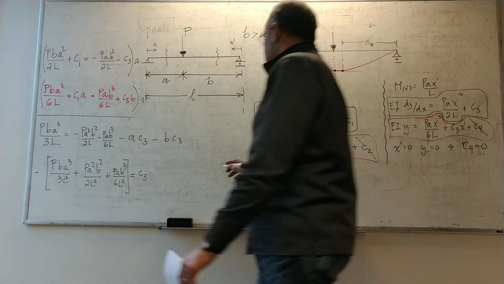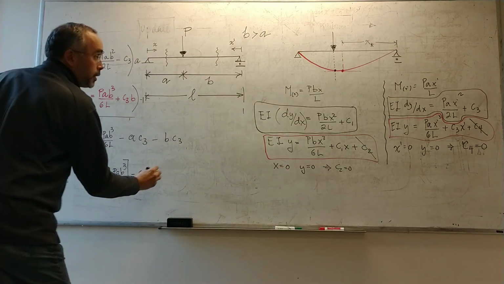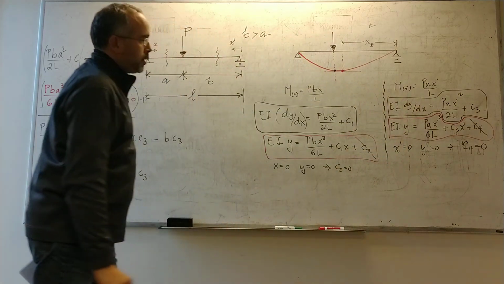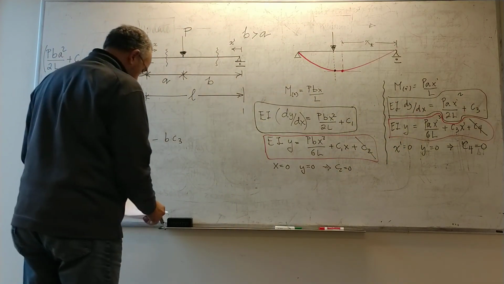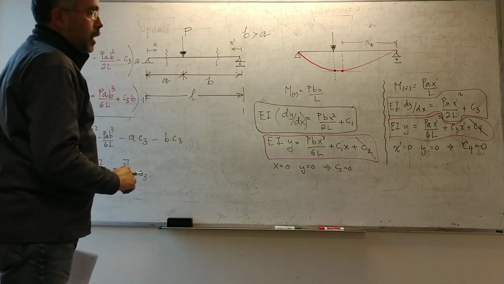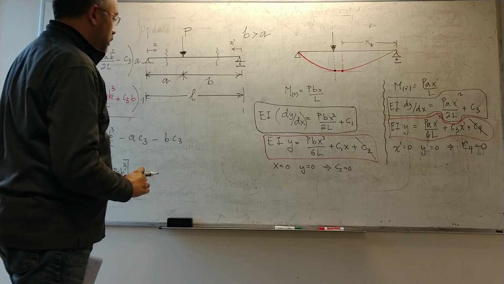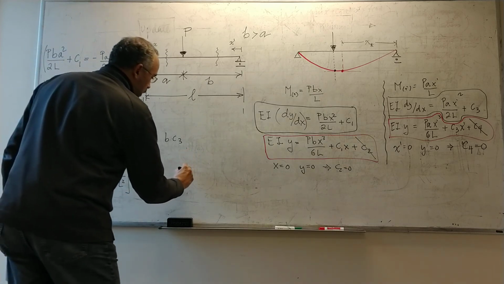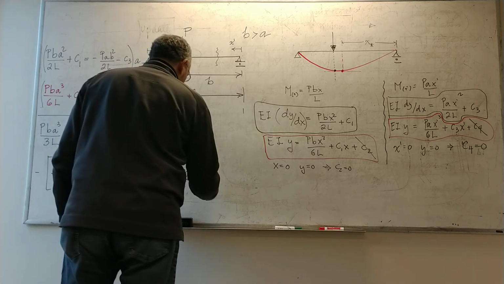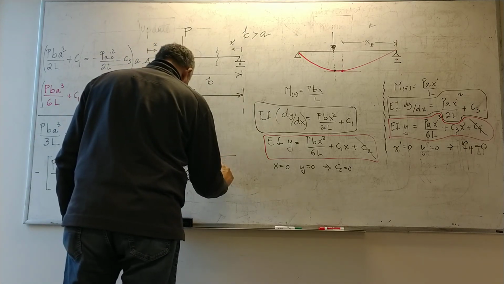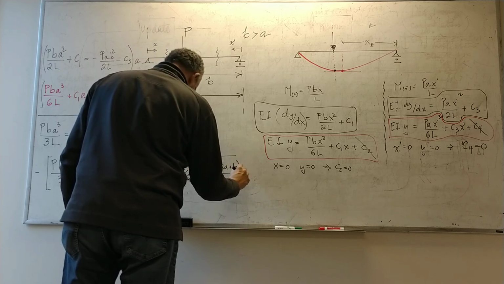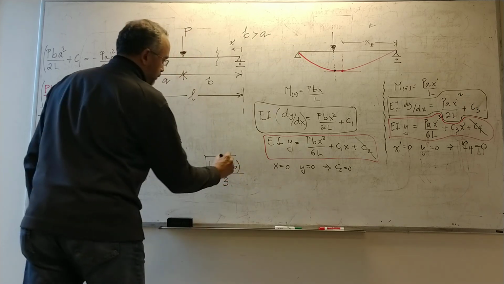Basically, we take this C3, put it in here, and solve for X when the slope is 0. And if you do that, what you find after a little mathematical manipulation is that X star is equal to the square root of B times 2A plus B, divided by 3.